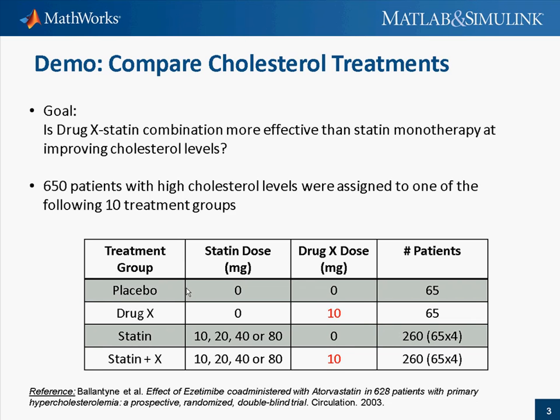Now, for all these patients, lipid profiles, so levels of cholesterol, were measured at baseline, that is before the start of the treatment, and then 12 weeks after a particular treatment was administered. So once again, we want to test the hypothesis that the statin plus X group, that is the combination therapy group in the fourth row here, is more effective at treating high cholesterol than the statin monotherapy group, which is the third row here.